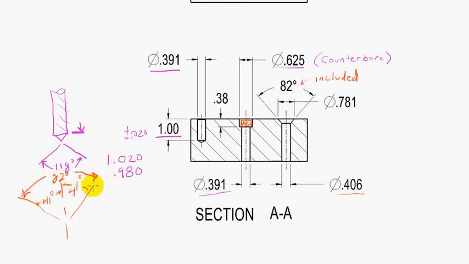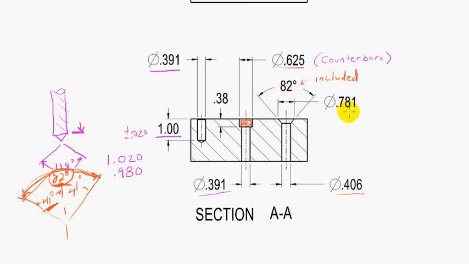Right? So we call that 82 degrees included, because it's both sides of the center line. The half angle would be 41 degrees. The included angle is 82 degrees. So when we talk about countersink angles, we're talking about the included angle.